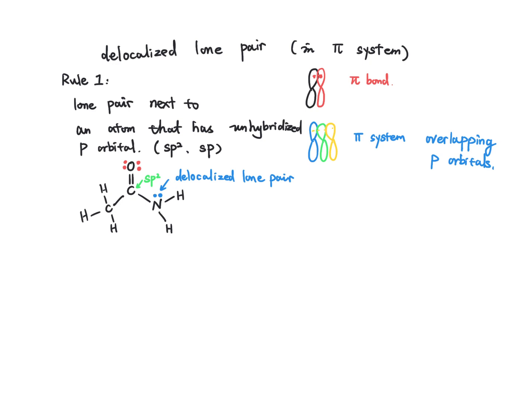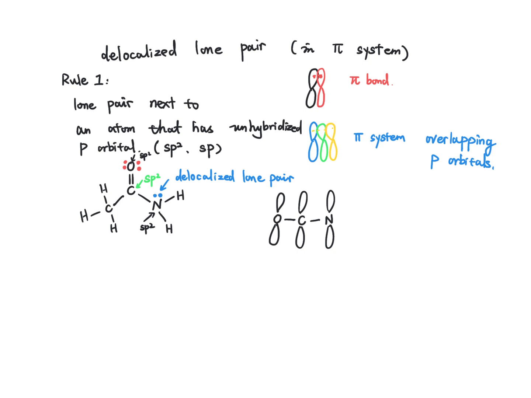Let's draw out that pi system. We already know this oxygen is sp2, the carbon is sp2, and in this case the nitrogen is sp2 as well. So you have oxygen, this carbon, and connected to this nitrogen. All sp2, that means they all have p orbitals overlapping.